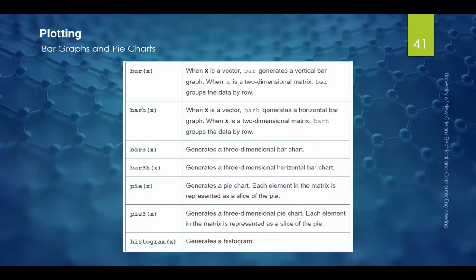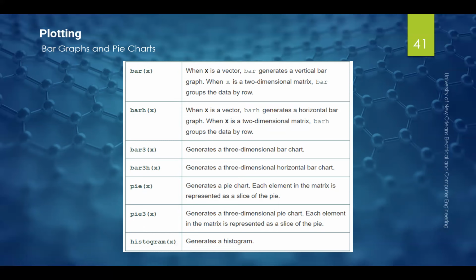Some other functions, commands that we can use to create plots. We have the bar, the different pie functions, and the histogram function. And the bar function, as that indicates, it simply generates a bar, right?